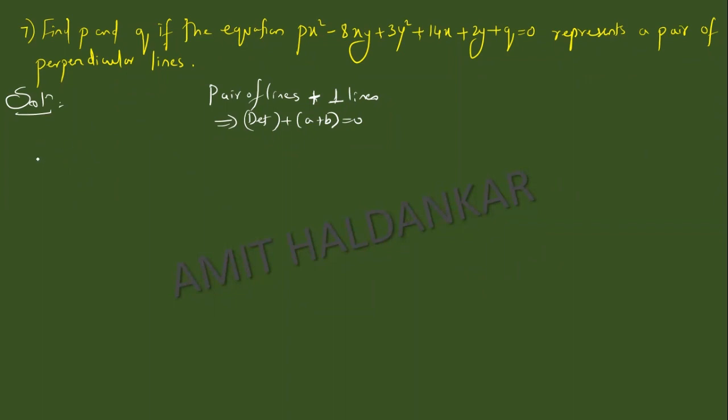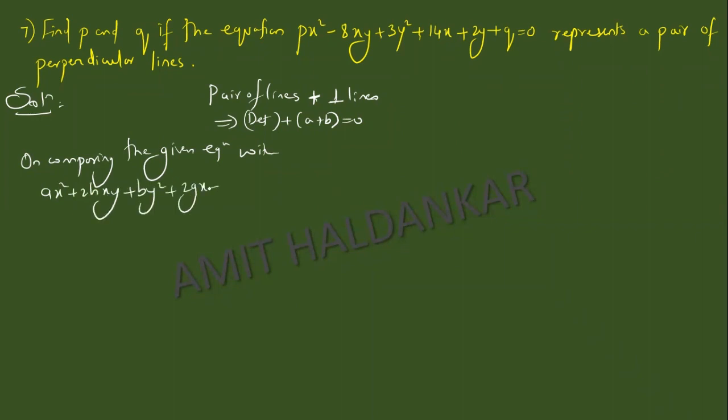So initially we'll compare the given equation on comparing with ax square plus 2hxy plus by square plus 2gx plus 2fy plus c is equal to 0.